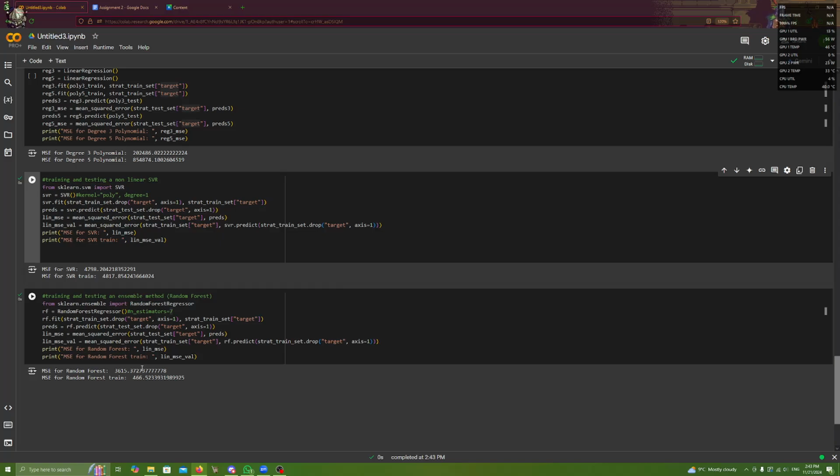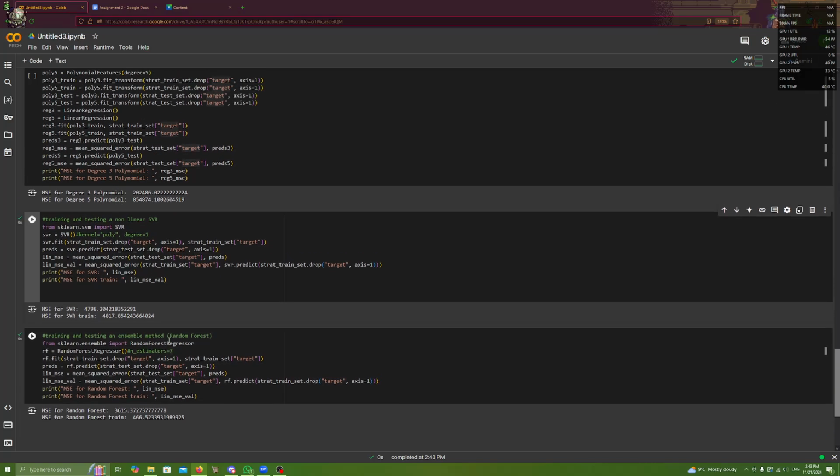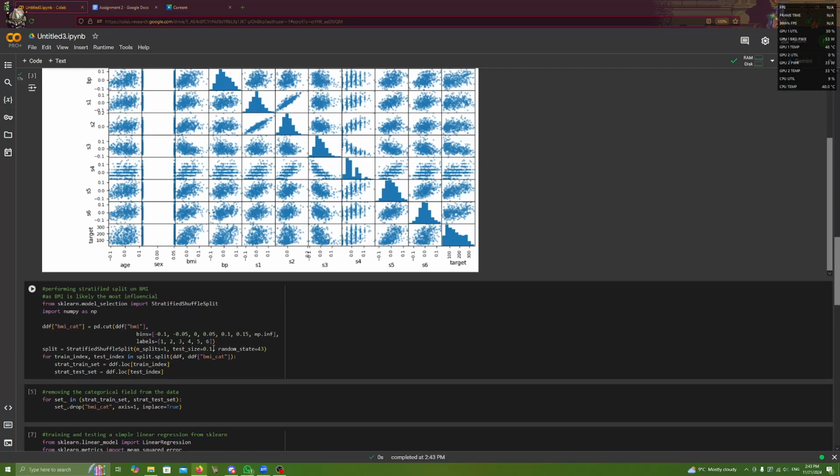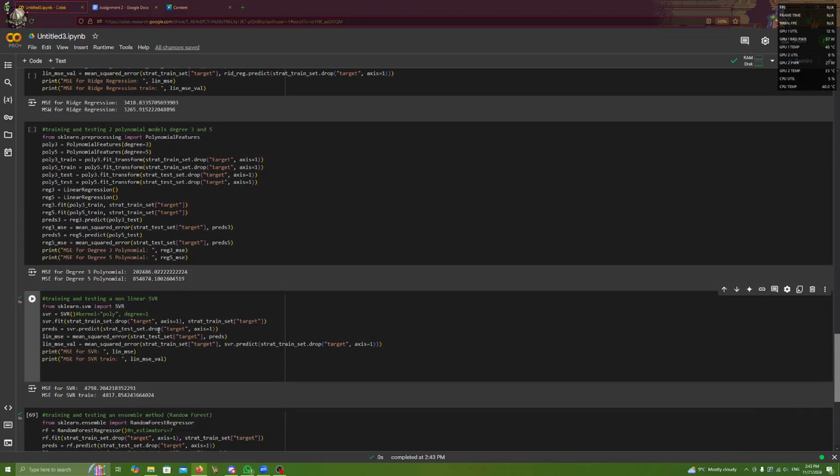As far as improving the results, I think there are two major things to look at. The first thing would be to split the data into 3 categories. So instead of training and testing, you would split into training, validation, and testing, which would allow you to mess with these parameters to optimize all of your models to see what is the lowest mean squared error you can achieve.